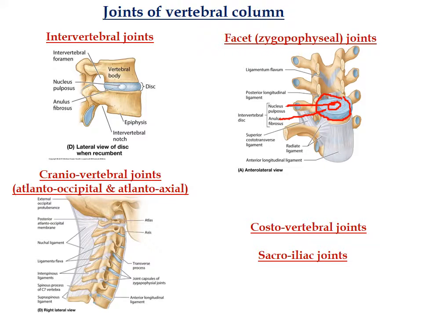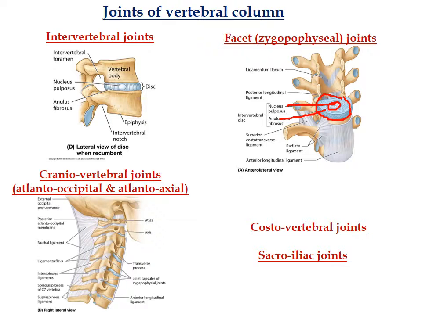Now coming to the joints of the vertebral column. Before discussing the joints, you must know the parts of the vertebrae and what the joints are. The parts of the vertebrae I will be teaching you in the didactic lecture, but let me quickly summarize. Any vertebra you take will have the body and the vertebral arch.